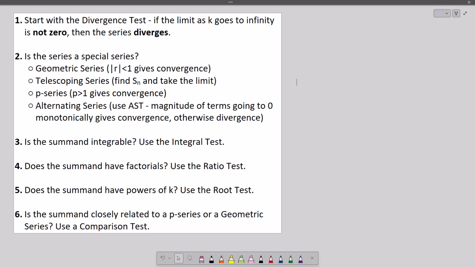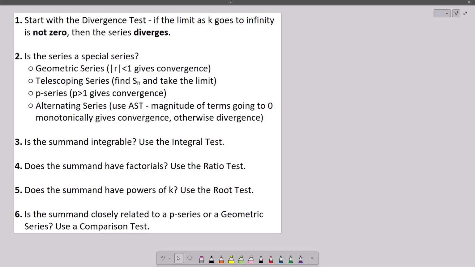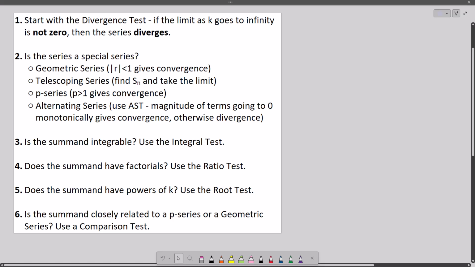So if you have something that resembles a geometric series or a p-series, but there's an extra addition or some extra insignificant component to a sub k, that's when you're going to use the comparison test. It's usually pretty obvious when you want to use it because it's almost a p-series or almost a geometric series. So then we would go down and use a comparison test.